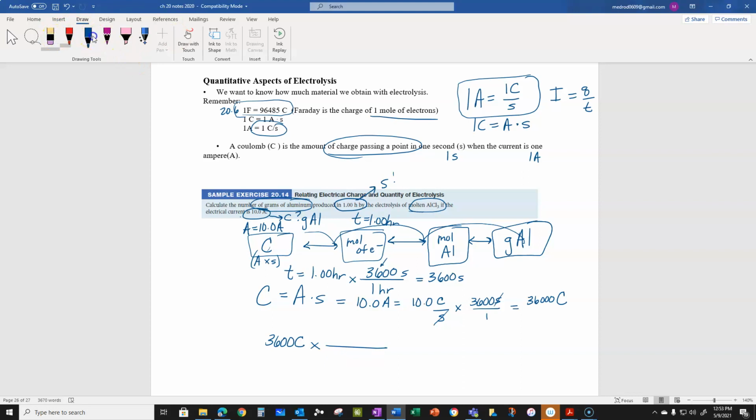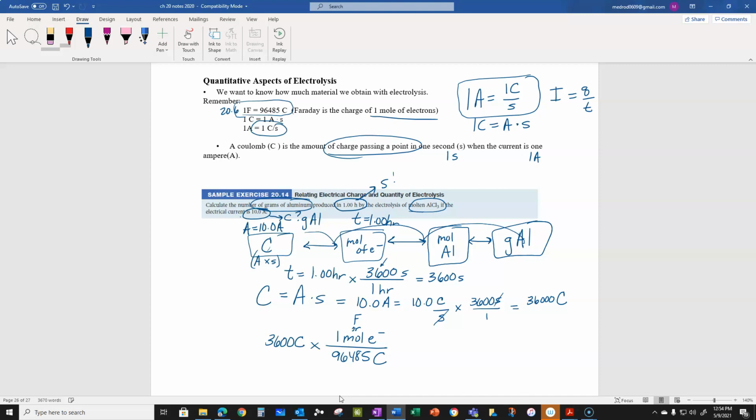Faraday, the 96,485, big C. And a Faraday is a mole of electrons. Now, we put that 1 mole of electrons. I've even seen students put 1F, capital F, and that's okay. It's either one, okay, whichever one you want to put in there.